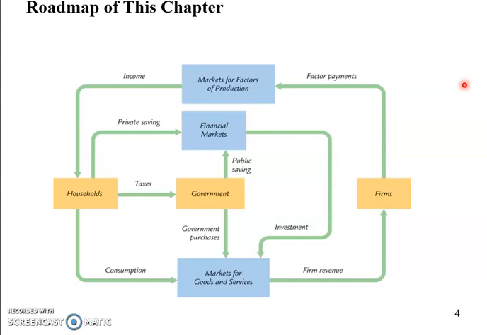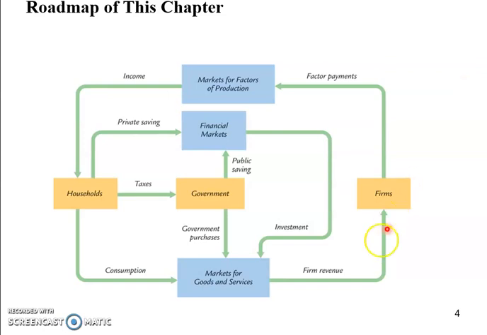I made, for example, more than 40 slides on this chapter, so we're going to spend several meetings talking about it. Because this neoclassical model of national income is relatively challenging, we would like to start with something easier, something more accessible to us.